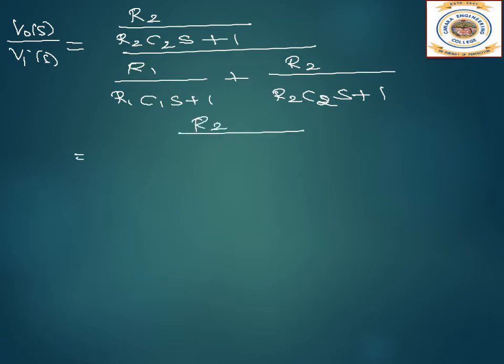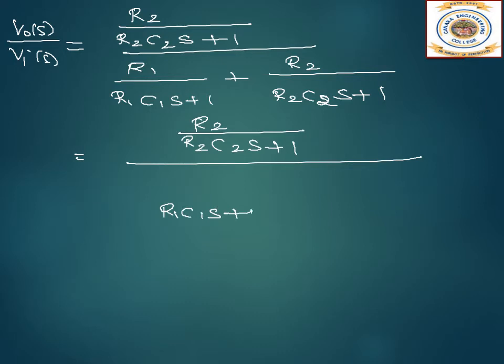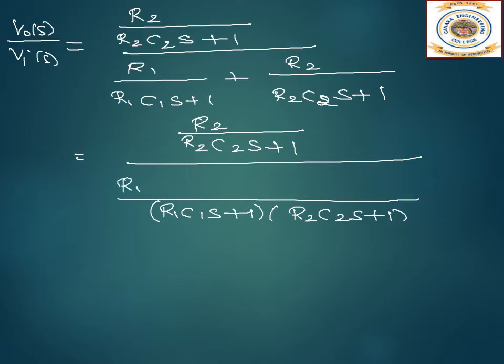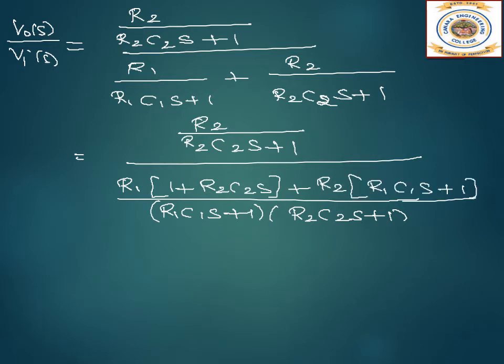Numerator I will write as it is, R2 by R2 C2 S plus 1, divided by, here taking the common denominator, R1 C1 S plus 1 into R2 C2 S plus 1, whole divided by R1 into 1 plus R2 C2 S, plus R2 into R1 C1 S plus 1.